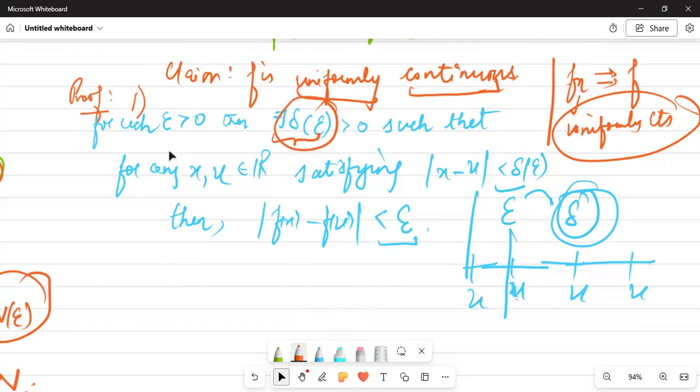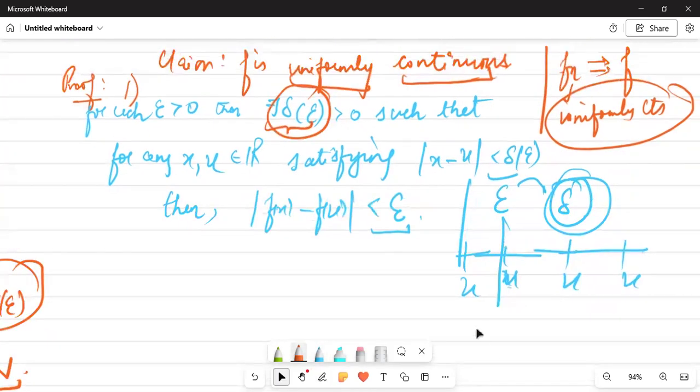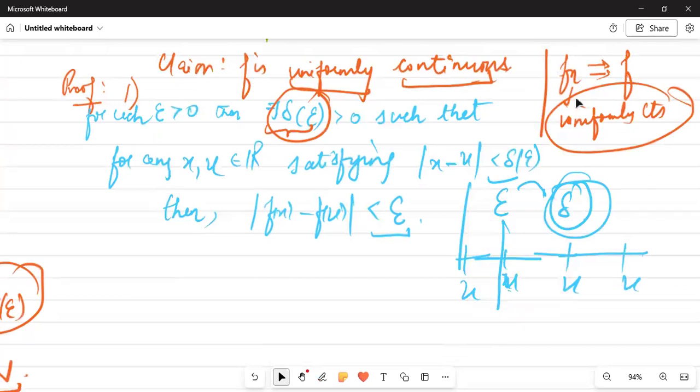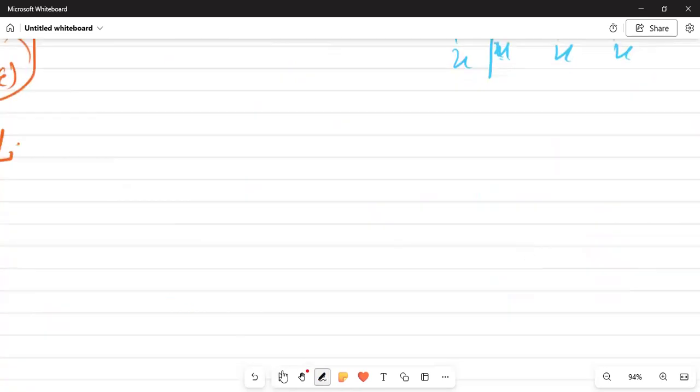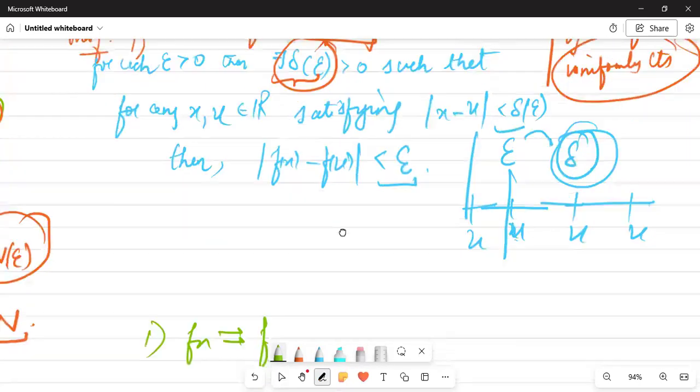Okay. So first of all, we will use the fact that fn is converging uniformly to f. What does this mean now? Fn is converging to f uniformly. So we start the proof.